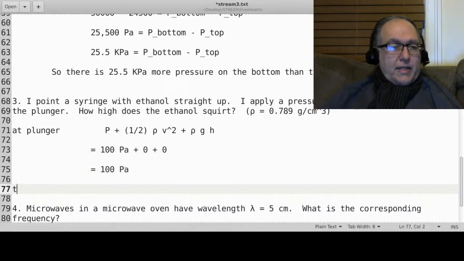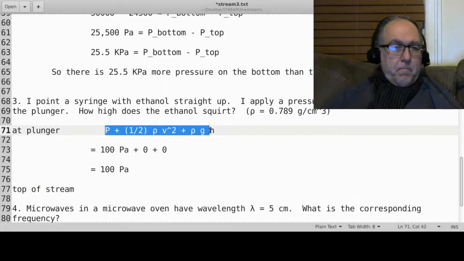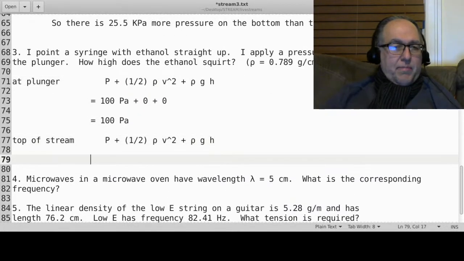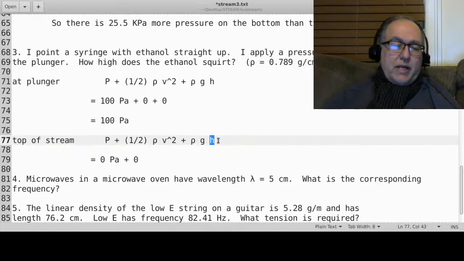What about at the top of the stream? Well, same formula, but now at the top of the stream we're back to 0 pascals because we're back to atmospheric pressure. The velocity is 0 up there, but there is an H, so this term is not 0 this time.